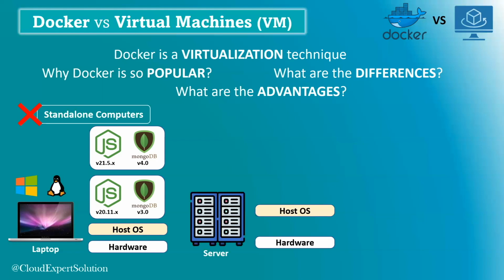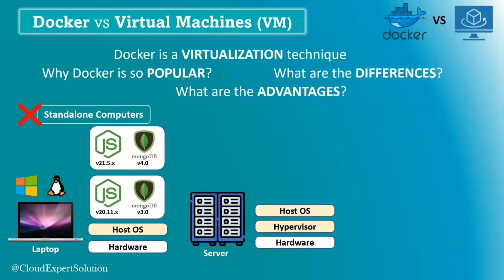Coming to virtualization, servers have the same two layers, hardware and the operating system. However, virtualization adds an additional layer called hypervisor. A hypervisor is a software layer that enables multiple operating systems to run concurrently on a single physical hardware platform.